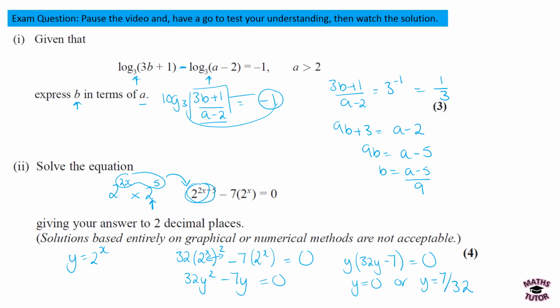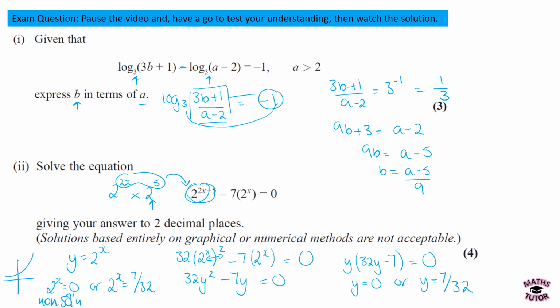Now what was y? y was 2 to the x. So 2 to the x is equal to 0, or 2 to the x is equal to 7 over 32. Now 2 to the x, that is always above the x-axis, so that's a non-solution.